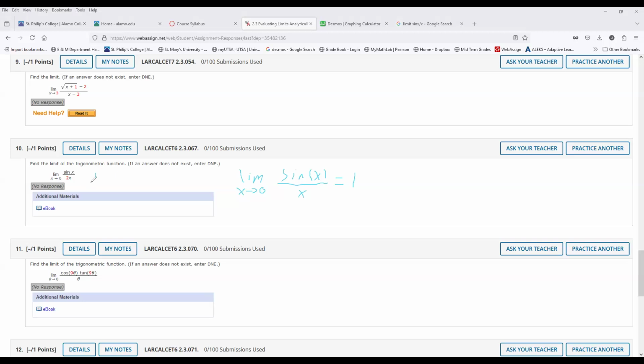So just think of this as 1/2 times the limit as x approaches 0. So this whole thing goes to 1, so you end up with 1/2 times 1. So the answer is 1/2. Okay, so basically you're trying to force this into this form here.